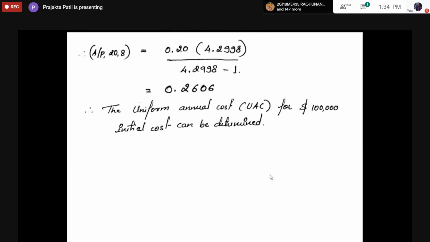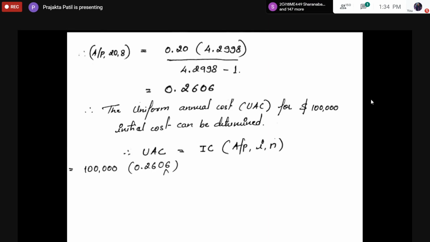Now, find the uniform annual cost, that is UAC, where the initial cost is given as $1 lakh. We have this equation to find the uniform annual cost. Simple substitution.